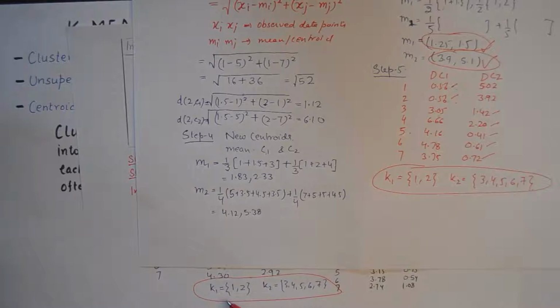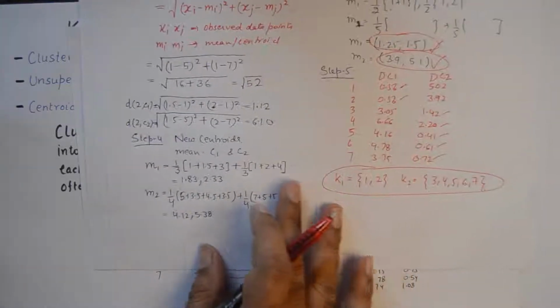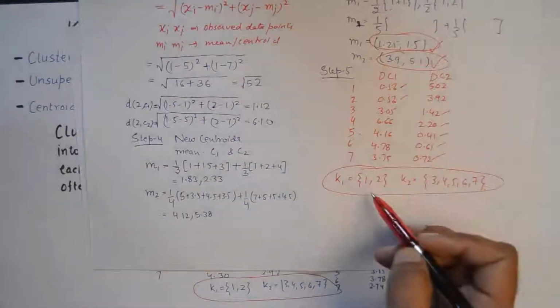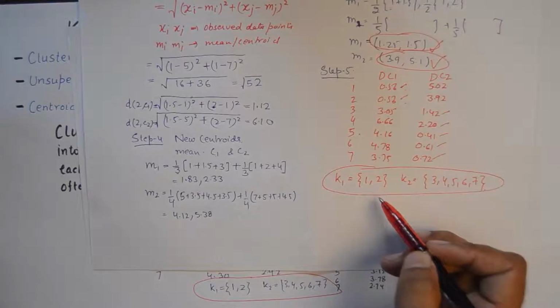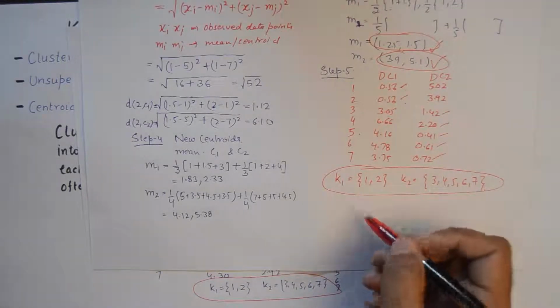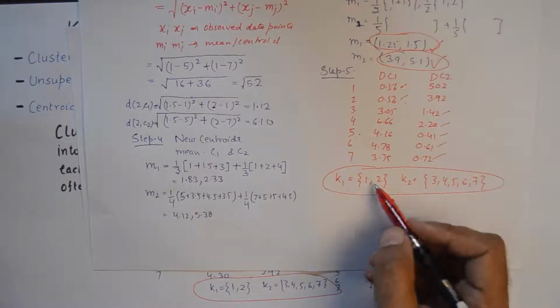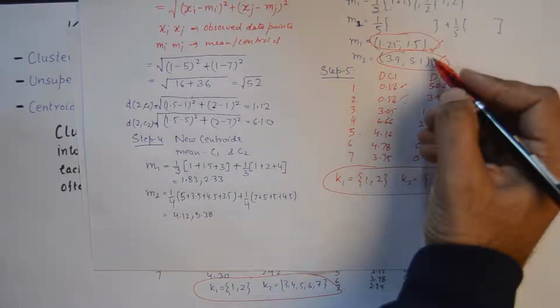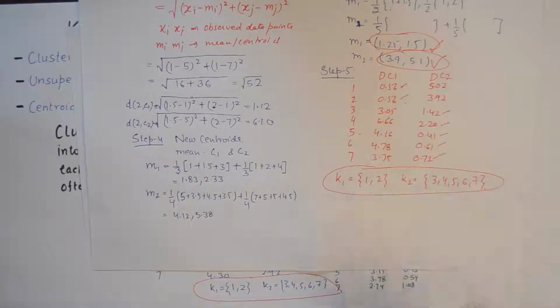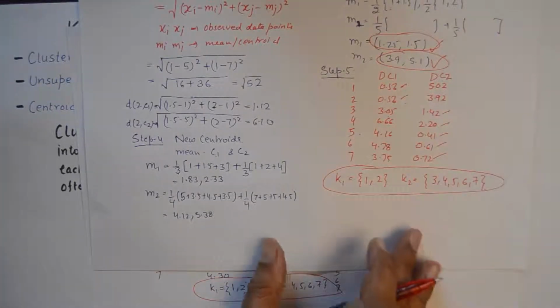The clusters are composed of data points 1 and 2 in cluster 1, and 3, 4, 5, 6, 7 in cluster 2, and even after the centroid changed, the data points have not changed their positions. And if we find a new centroid this time using these data points, it will be the same as these two. So that is where our iterations will stop.